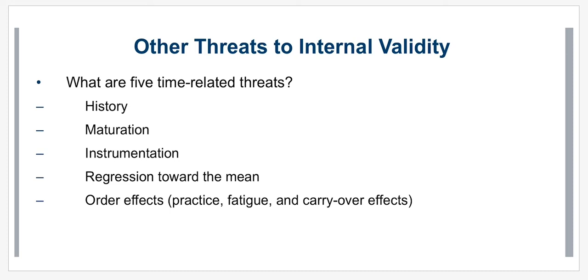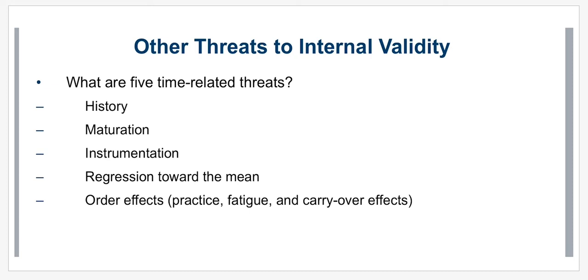History is environmental events, things that happen in the world, in their personal life, or even in the world at large, but anything that happens that is going to affect those participants' scores. An example that they give in your book is a power outage on campus. So say they did the first treatment, and then when you brought them back in to test them in the second condition, there was some kind of power outage and it caused a lot of anxiety, and that affected their scores, or a lot of confusion, and that affected their scores, something like that.